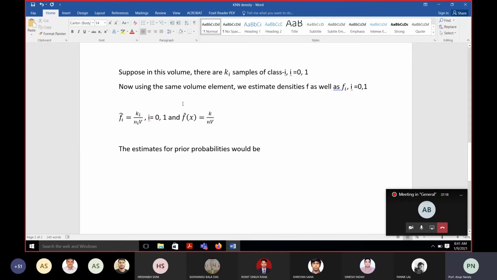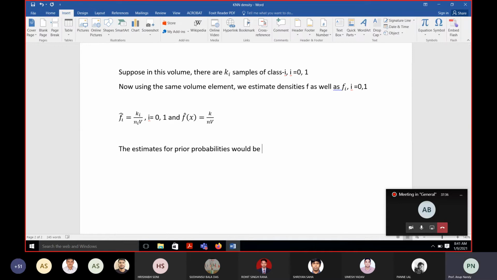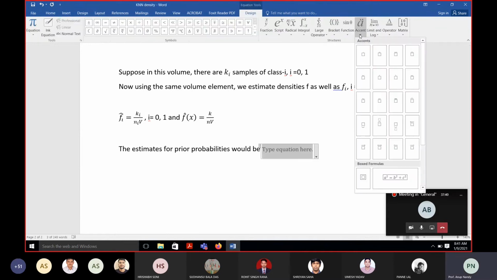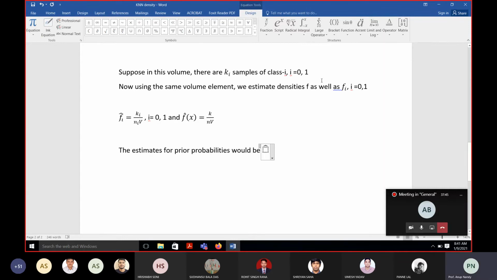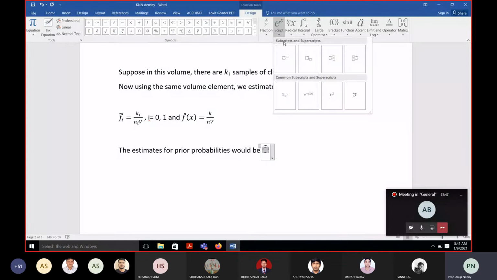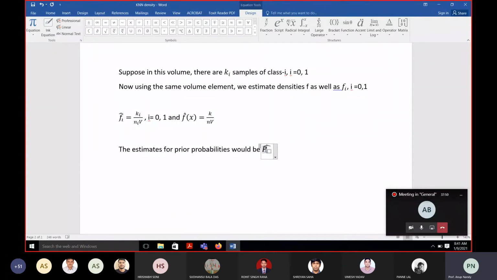They both are the same. Now for the density function, it is a function, so that's why I'm writing this name. Now the estimate for prior probabilities should be a capital P hat I, because we are considering this ith class.